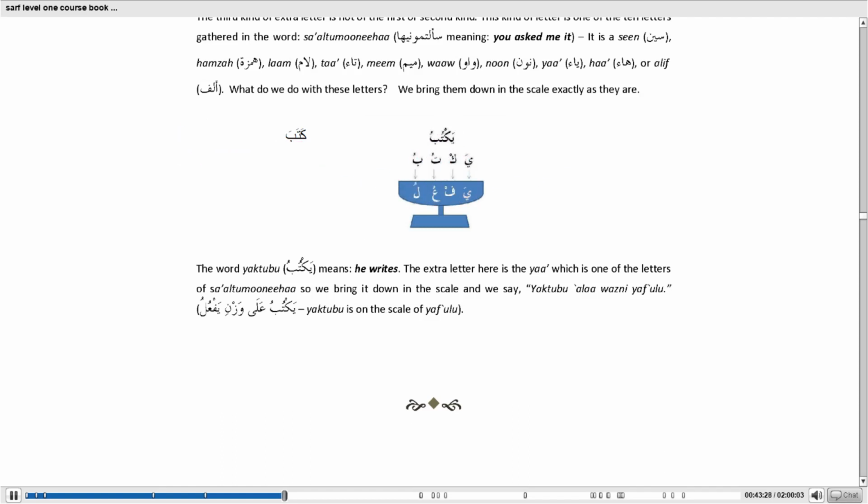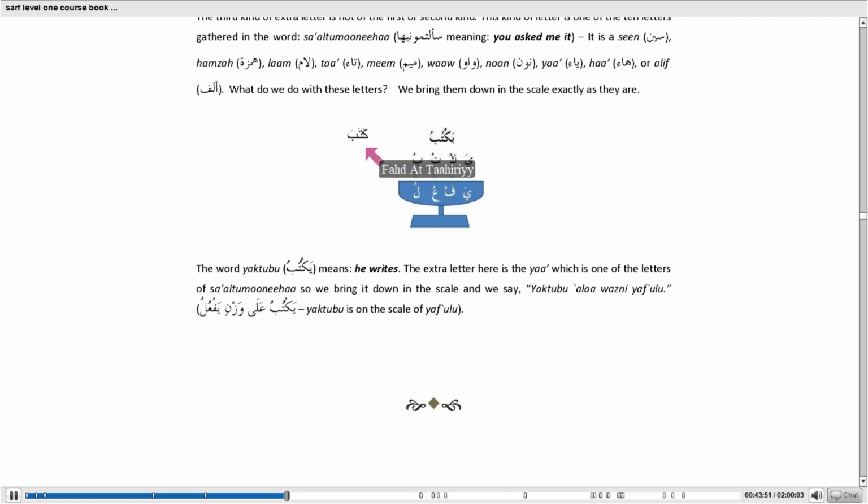Yaktubu. Now, when you compare kataba to yaktubu, I think it's going to be very clear to you that there are how many root letters when you compare yaktubu to kataba? 3. 3, not 4.